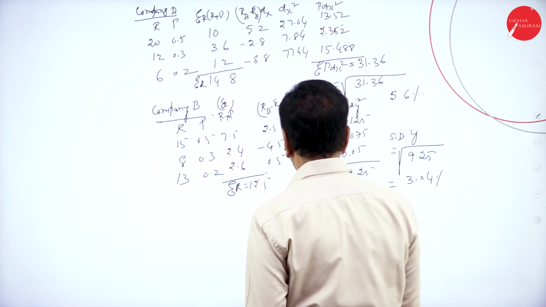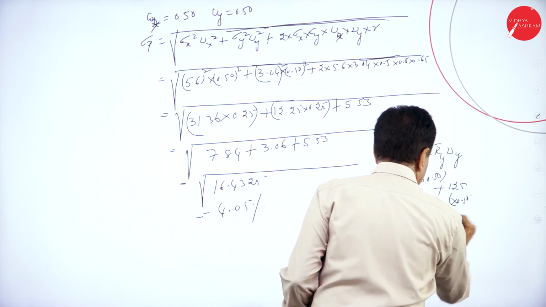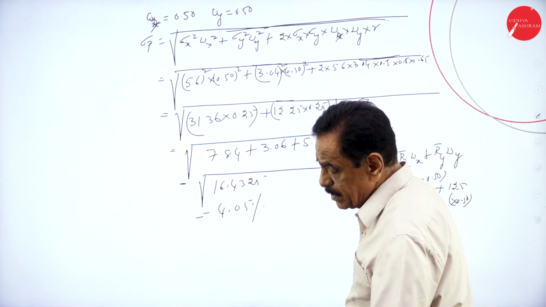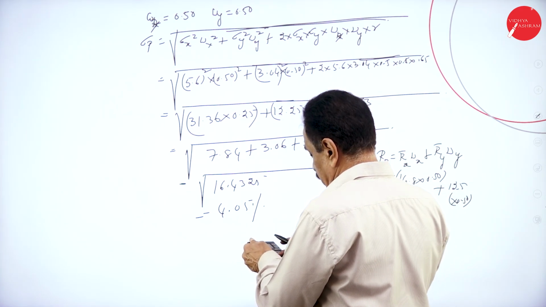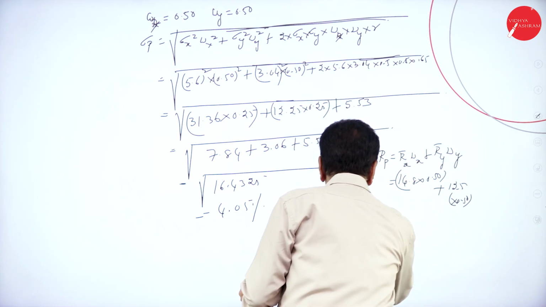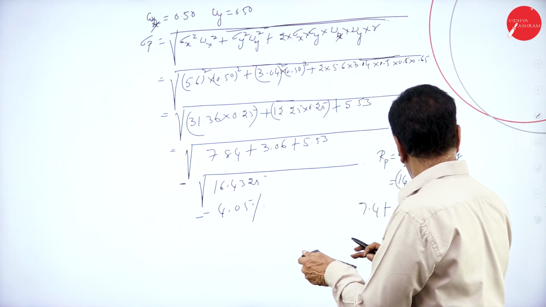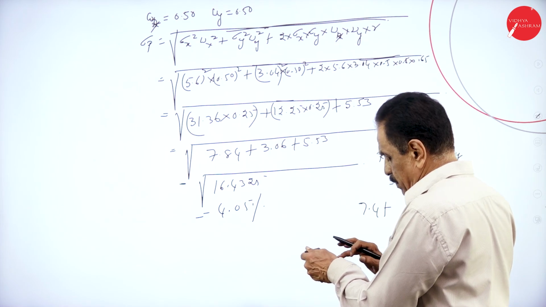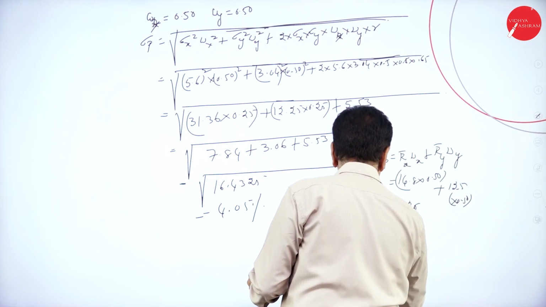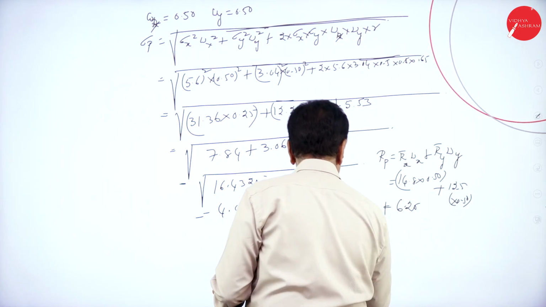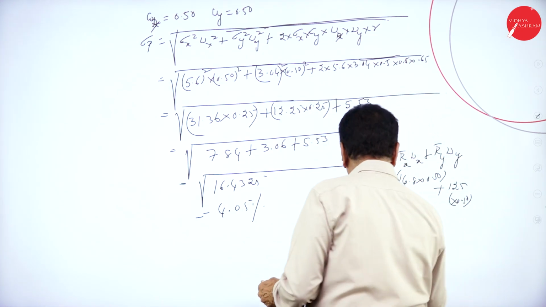Second one, R mean 12.5 into 0.50. 14.8 into 0.50, 7.4, plus 12.5 into 0.50, 6.25. So return on portfolio is 7.4 plus 6.25, 13.65%.